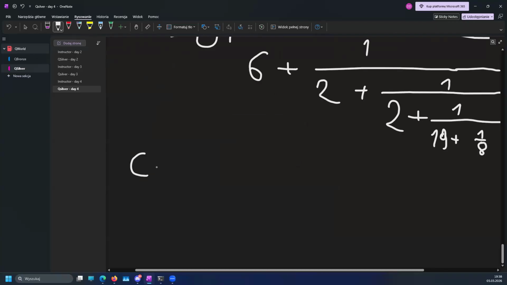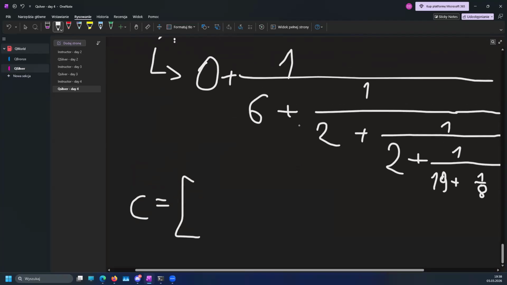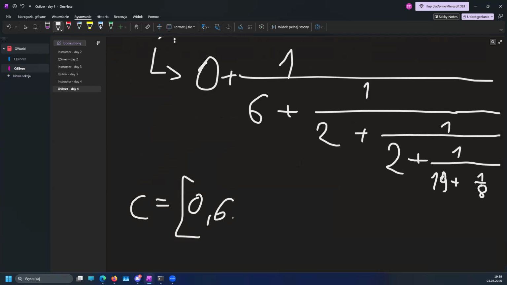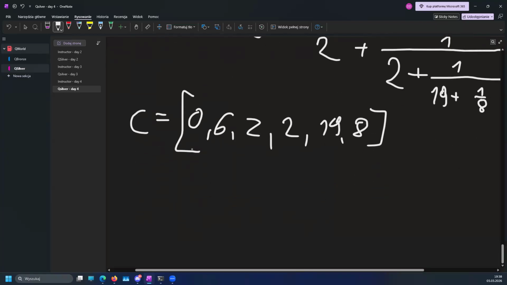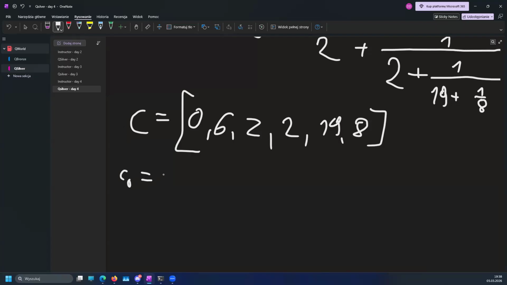So now we can list our continued fraction. I will call this list C, and now I need to rewrite those big integers plus the very last denominator. So it will be 0, 6, 2, 2, 19, and 8. And now the zeroth convergent, maybe I will call it C0, will be just equal to 0.